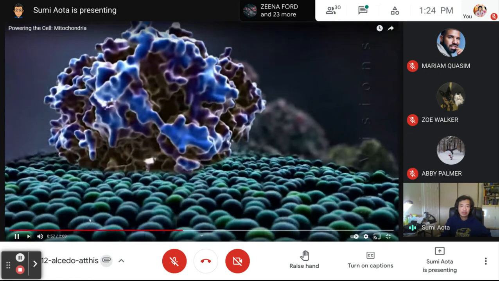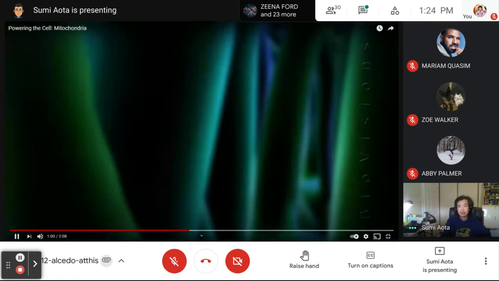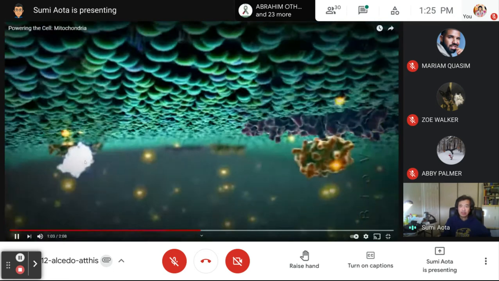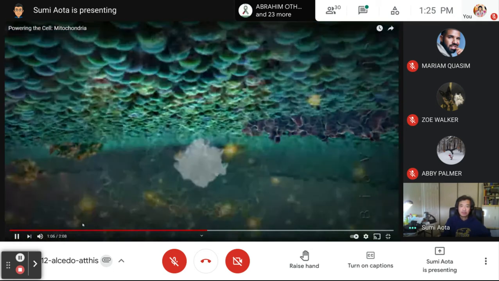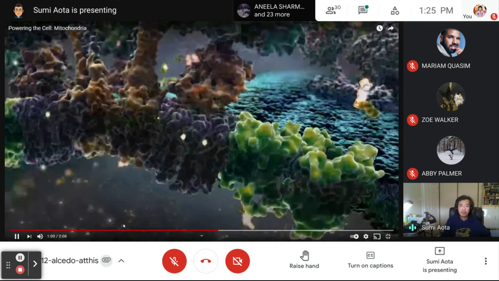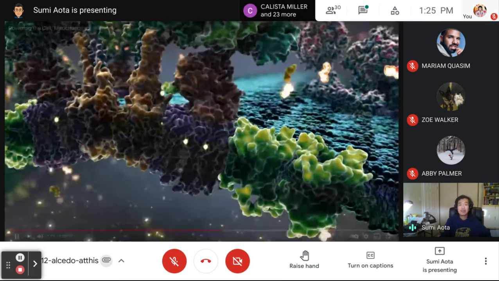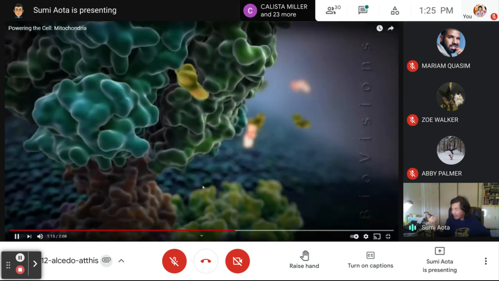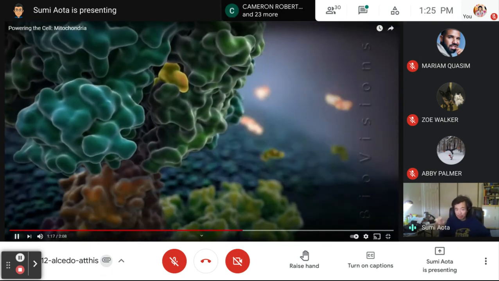This is ATP synthase. That's cytochrome C. There's a hydrogen pump. This is the neat part. This is ATP synthase. It's a spinning little motor. It's a protein motor.